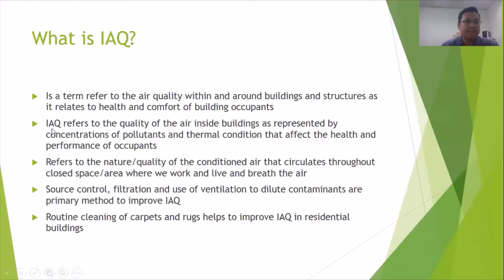And it refers to the quality of the air inside the building as represented by concentration of pollutants and thermal conditions that affect the health and performance of occupants. So we try to measure by health, comfort, pollution, thermal condition.